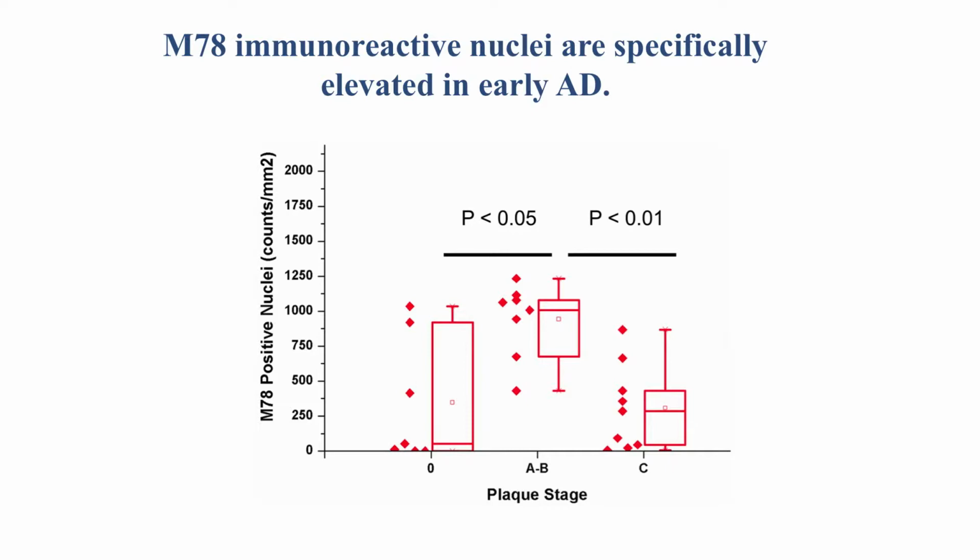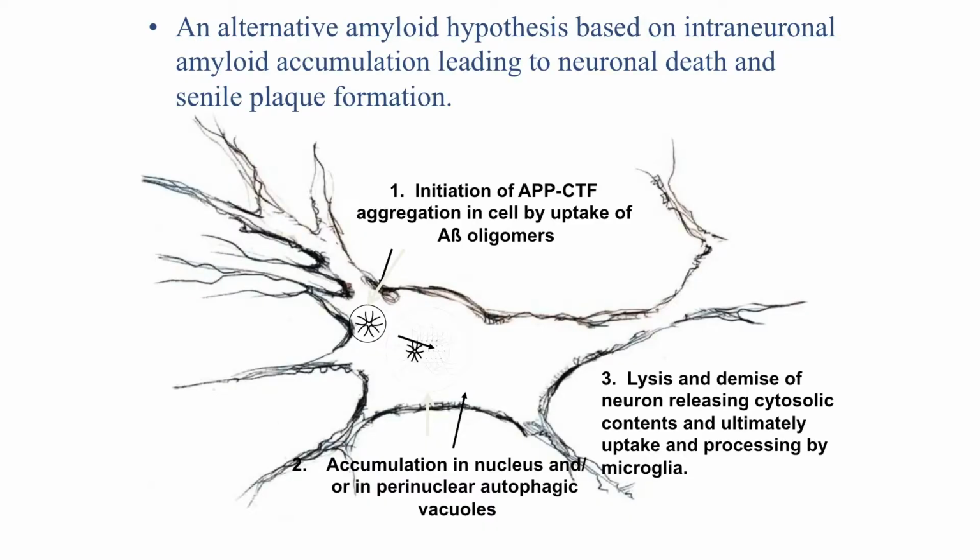And the other thing is it goes down as plaques evolve, then this intraneuronal pathology decreases, as you would expect, because the infected neurons become plaques. So this is an alternative hypothesis based on intraneuronal accumulation of the APP in the nucleus, followed by the lysis and dying of the neuron to form the neuritic plaque.